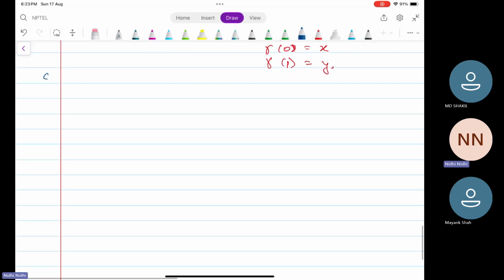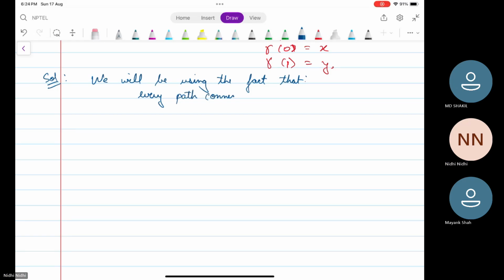Solution. All we need to do is construct a path that joins any two arbitrary points in R2 minus Q2. Every path connected space is connected.